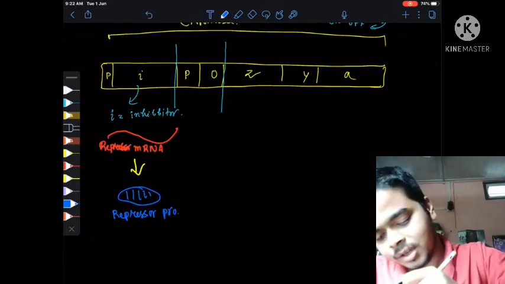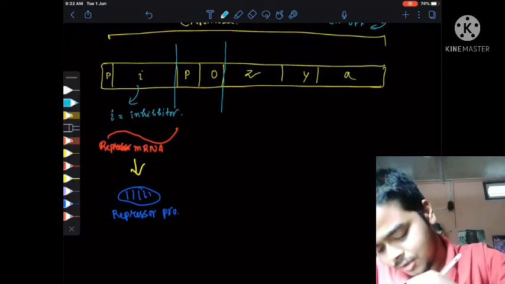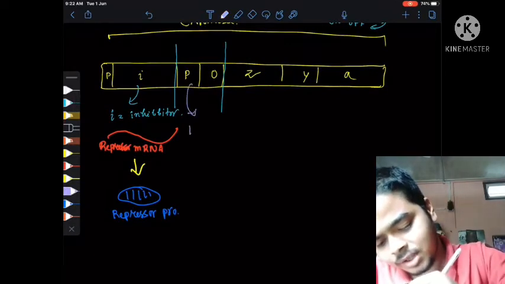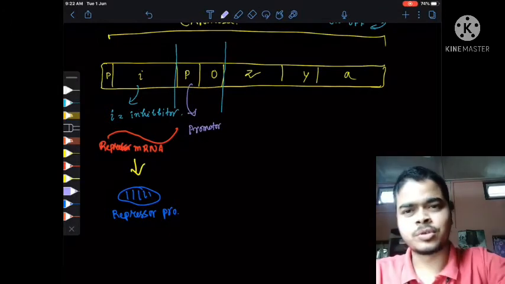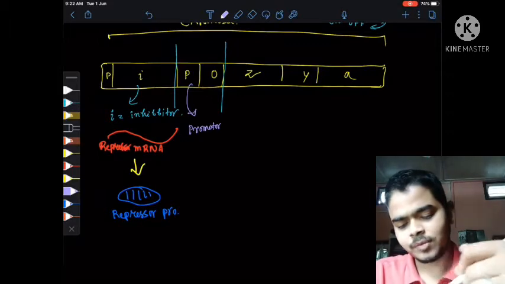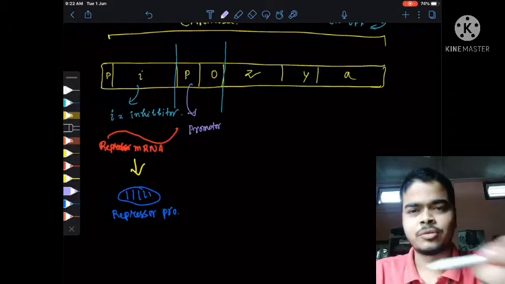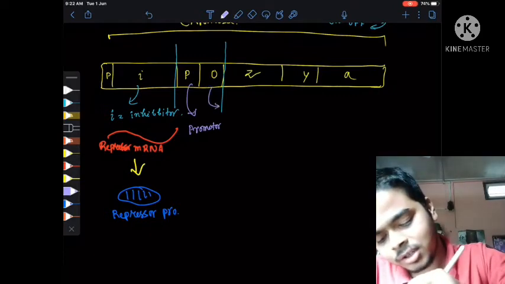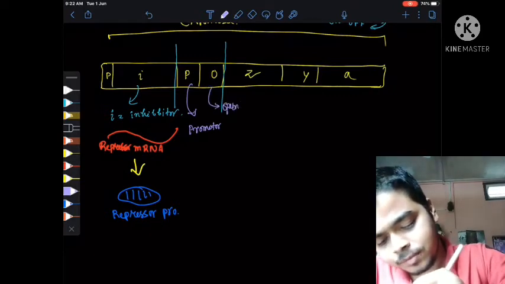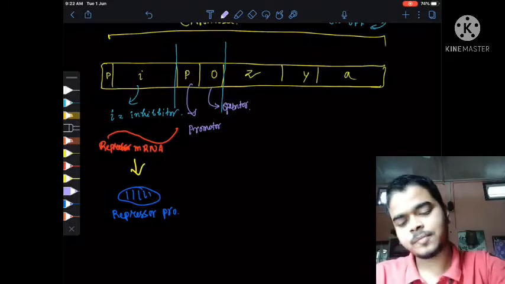Then this part here, the P stands for promoter. You hear this term promoter in a transcription unit. The promoter is where the RNA polymerase binds. Then O stands for operator, right?